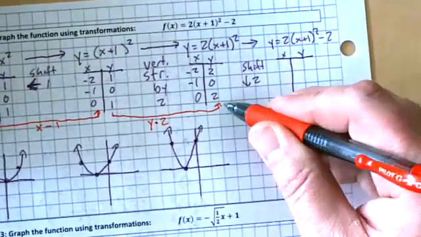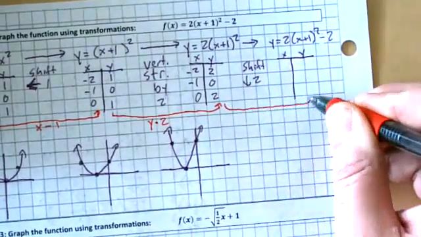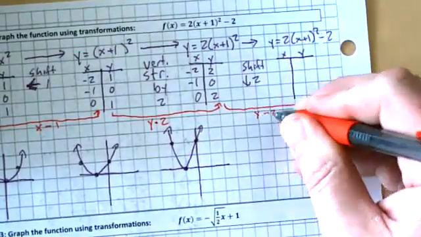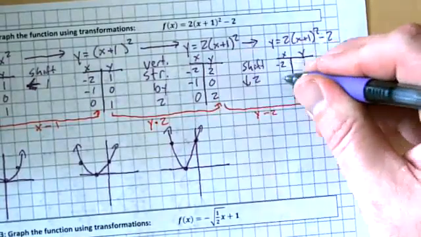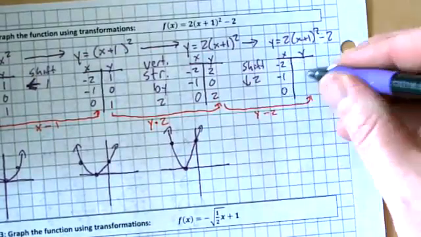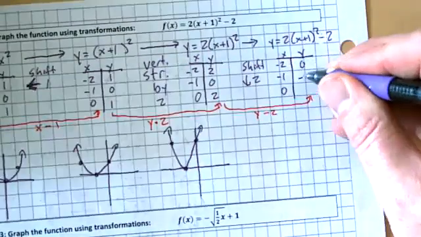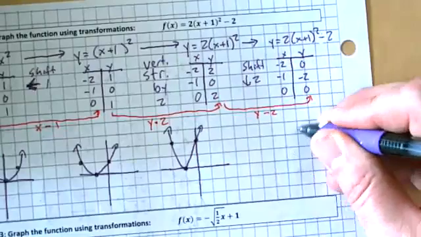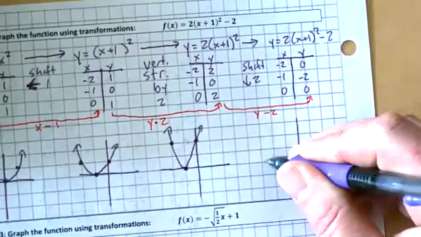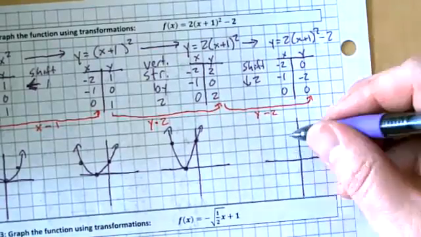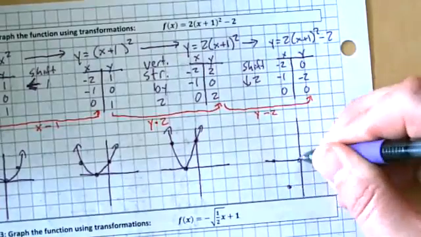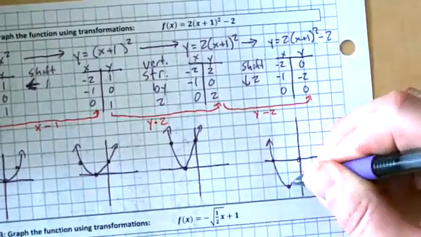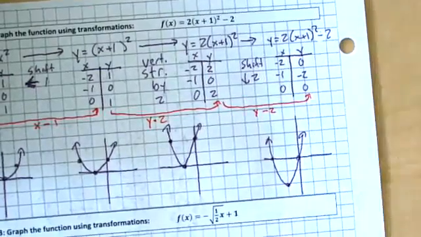Down by 2 would change my y's. X's stay the same. And there we are.